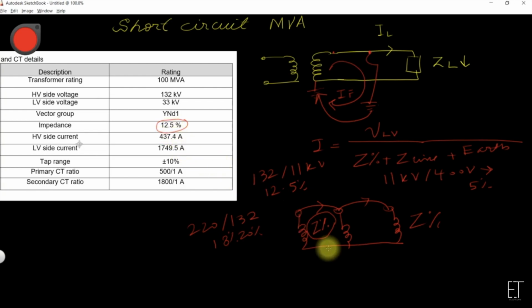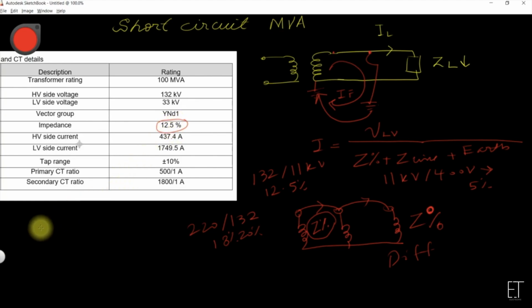Secondly, while doing the setting calculations, we have to make sure that in case of short circuit, our differential protection is able to pick up and trip in case of an in-zone fault. Here you can see the percentage impedance is 12.5.